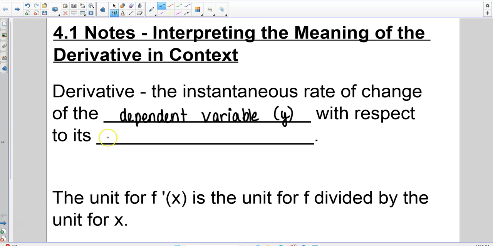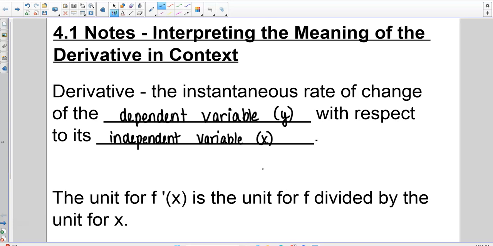With respect to its independent variable, which, again, is not always the x, but in a very generic scenario is probably going to be the x. Okay, so it's the rate of change of the dependent variable with respect to the independent variable.